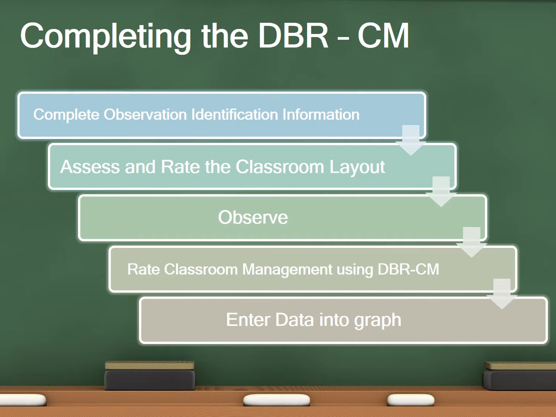The third step is to watch the educator that is being rated. After the observation is completed, the observer rates the educator's behavior across the 4 broad DBR-CM behavior domains. Finally, DBR-CM data should be organized into a usable form.